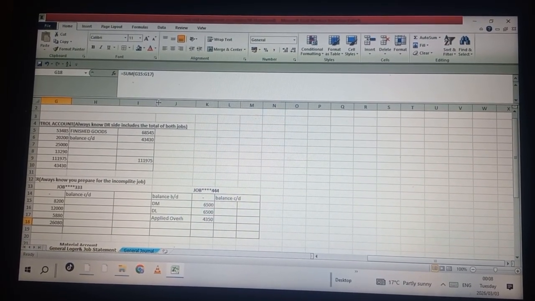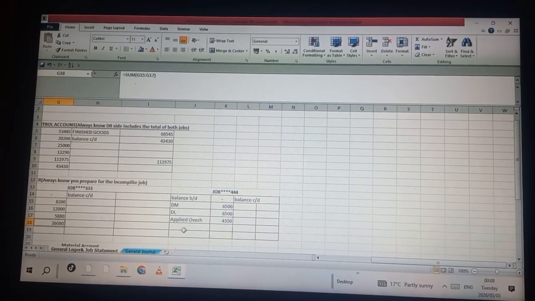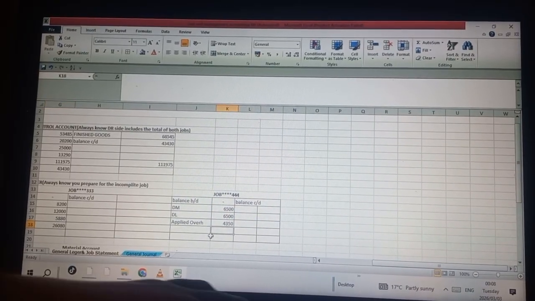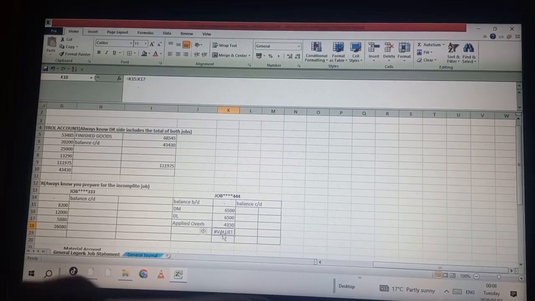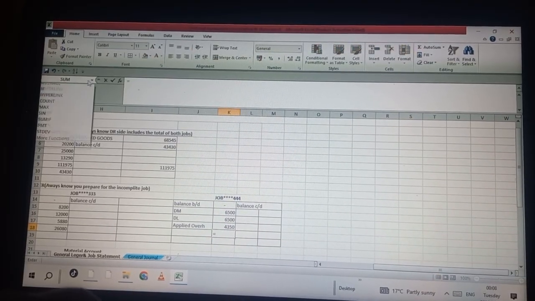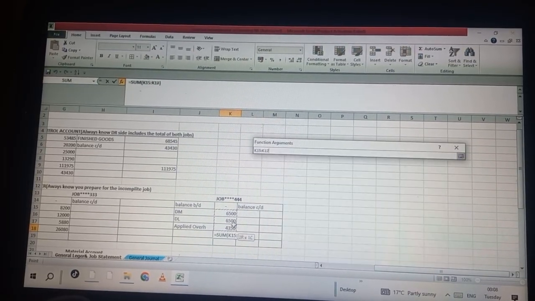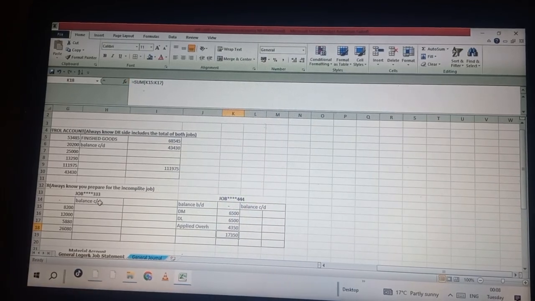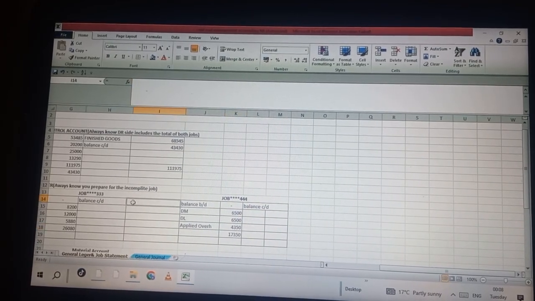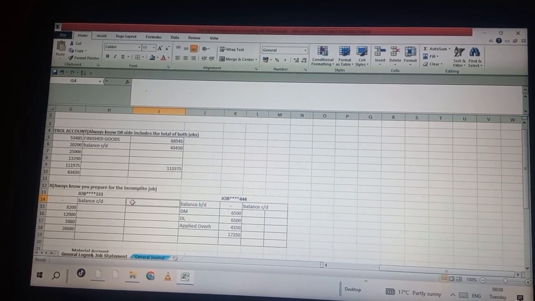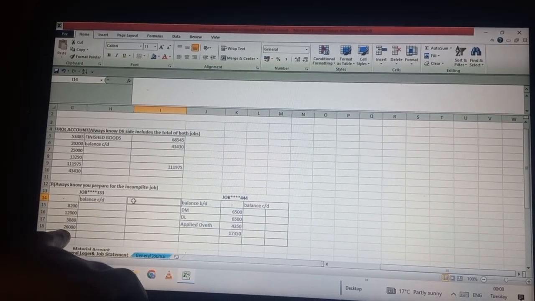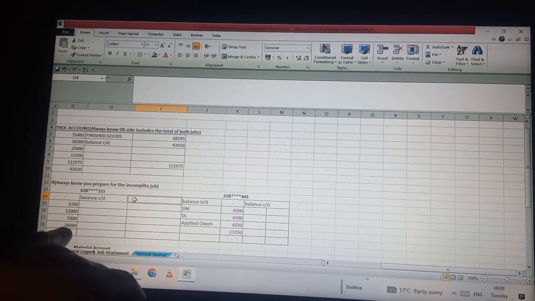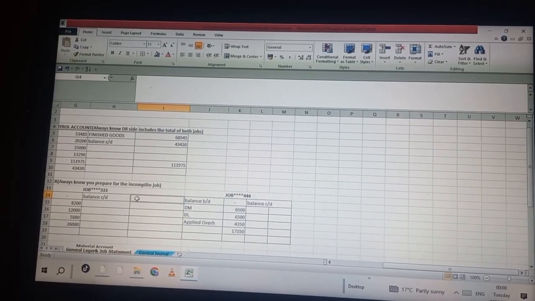Balance carried down for job 333, 260,080 rand.